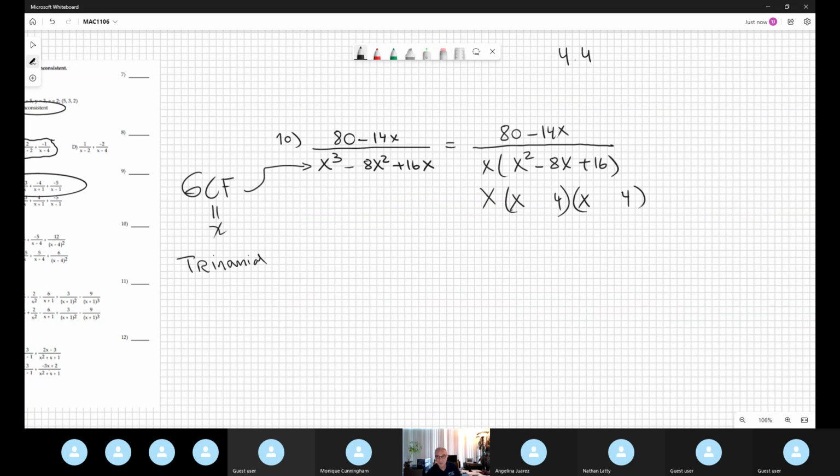Because 4 times 4 is 16 and 4 plus 4 is 8. Okay, that number 8 and 16, and both are negative. Ooh, so I discover that these factors are twin brothers. It's because this trinomial is a perfect square trinomial. And actually, the factorization is (80 minus 14x) over x times (x minus 4) squared. Do you follow me so far?